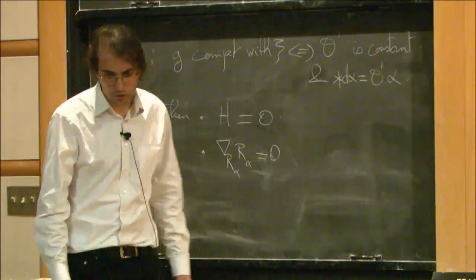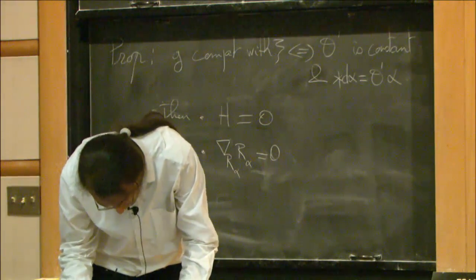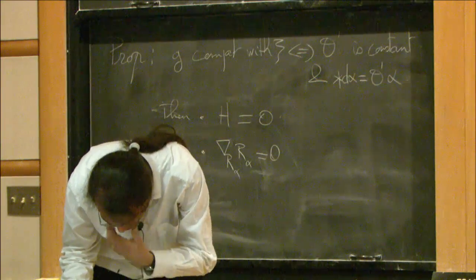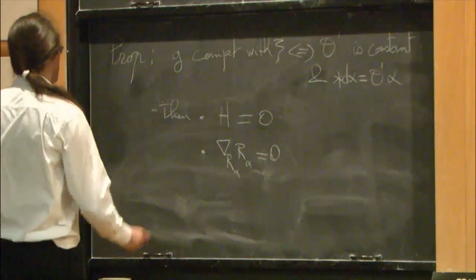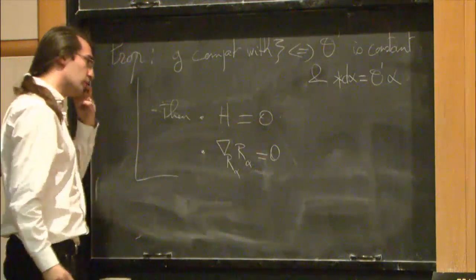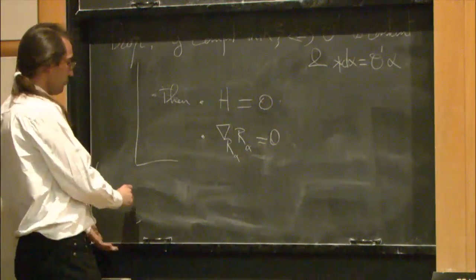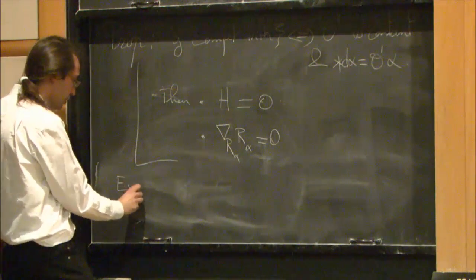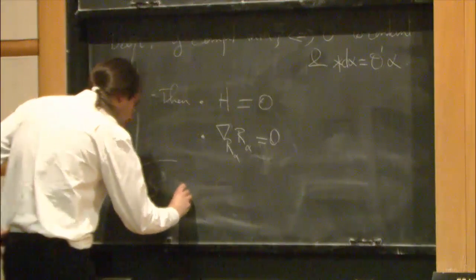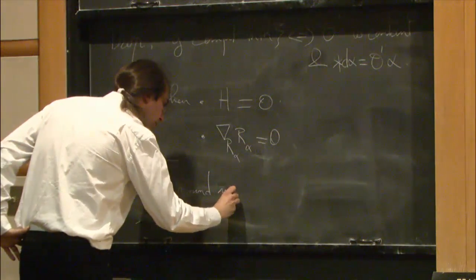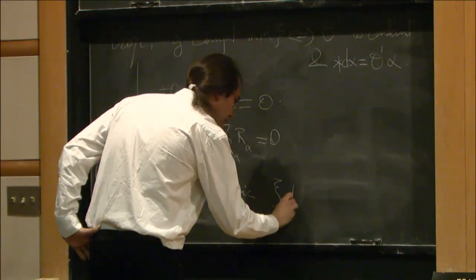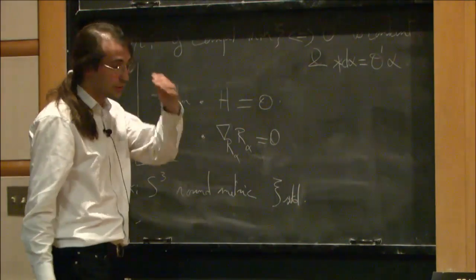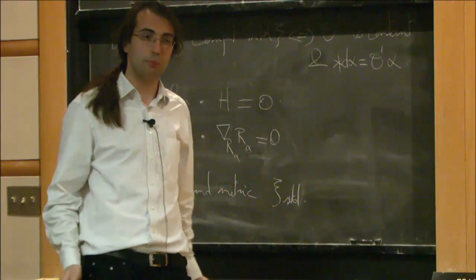And maybe I want to say something more. I think I had 3 properties. No, I think that's okay. That's enough. So for instance, if you look at S3 with round metric and standard contact structure, so if you don't know what is standard contact structure on S3, you know what is the Hopf fibration.